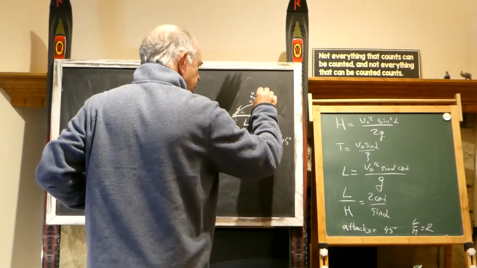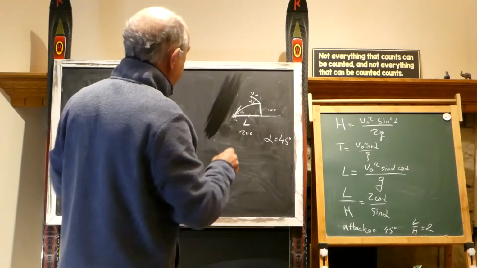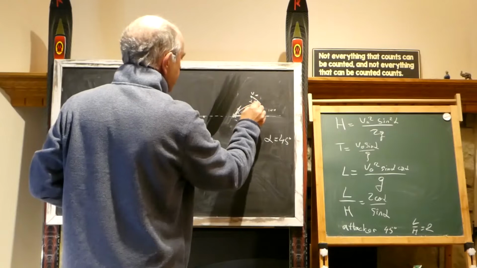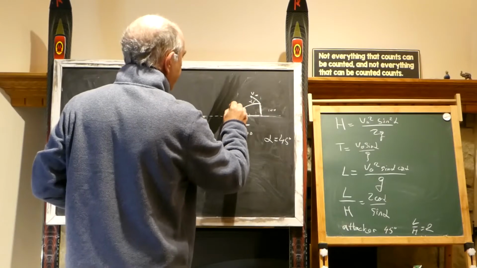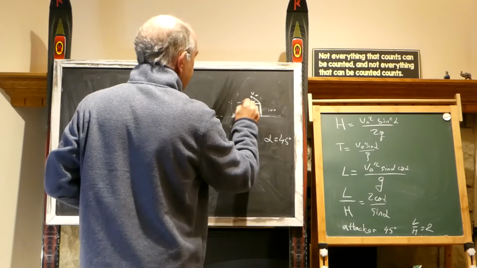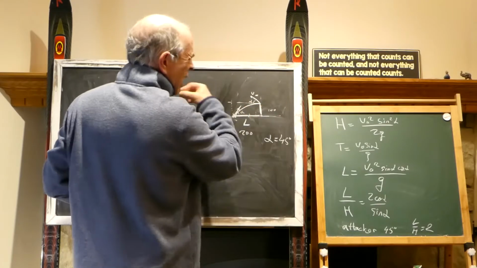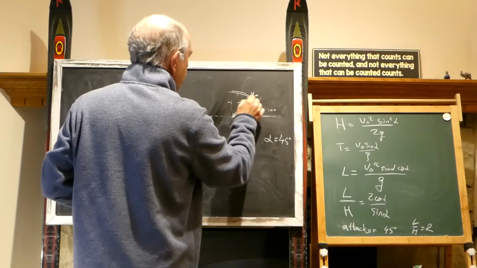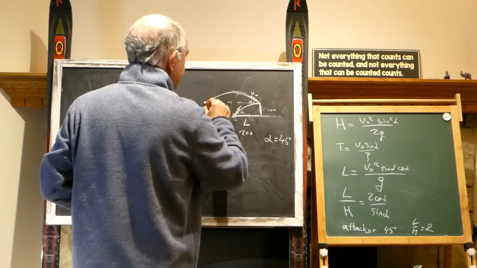I can put my axis here, but I will not draw it because I will right away say that this would be the same parabola. I can write these formulas again, but what's the point? So it will go like this, and it will land here.